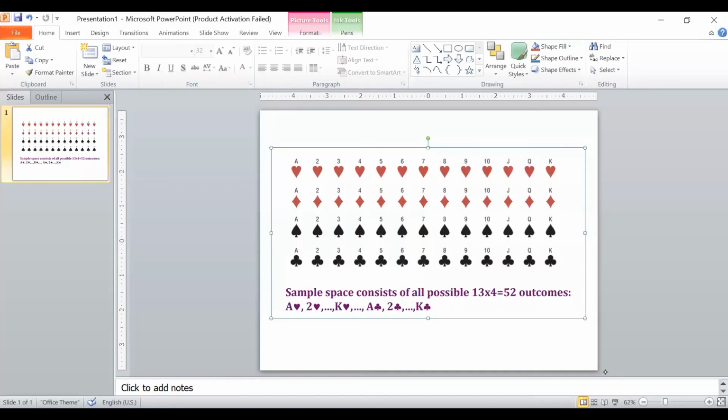So this is the deck, right? The third one is asking you, what is the probability of getting 3 or diamond? When we consider the first event, it is getting 3.